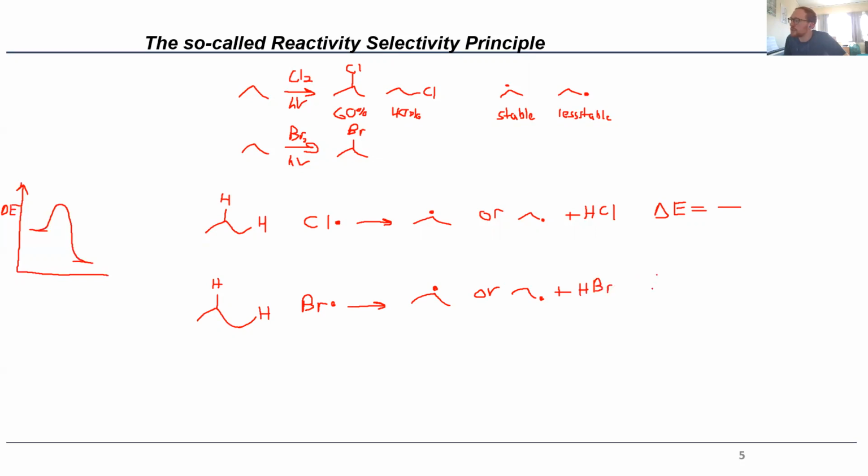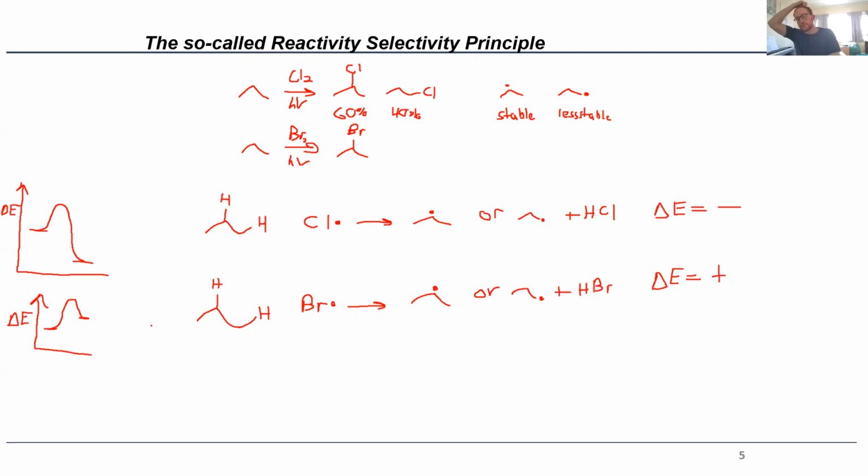What we see is actually that this process is slightly endergonic. And so the energy diagram looks like this.